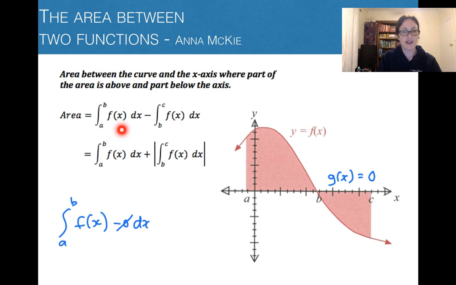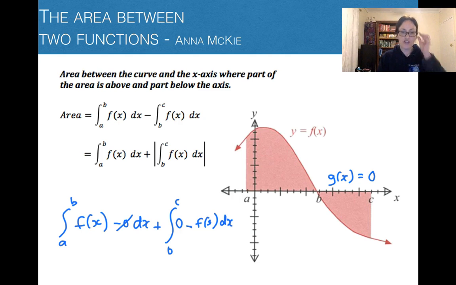So that's this part here. Now the second idea then is you would add on this part where the function that's on top is g of x. So we could write g of x, but I'm going to write 0 between b and c this time. Take away the lower function, which would be f of x.